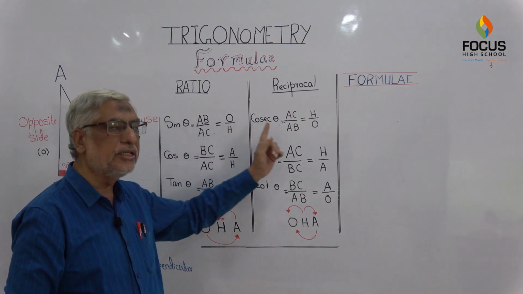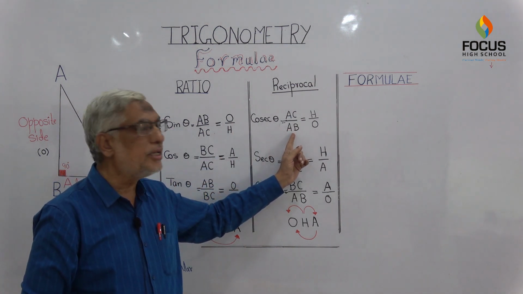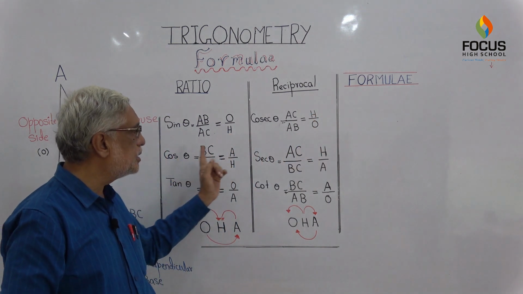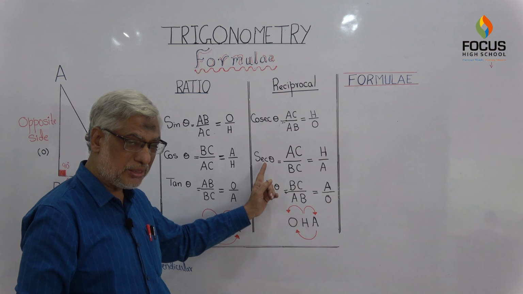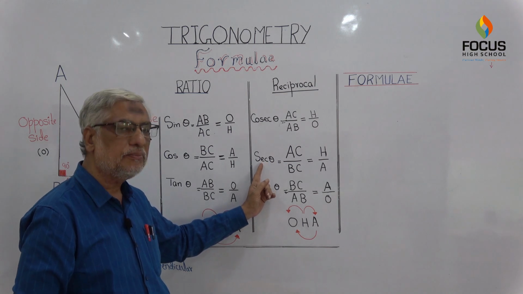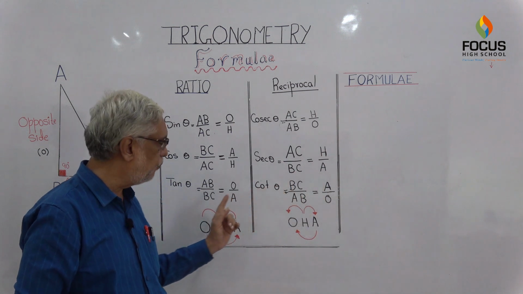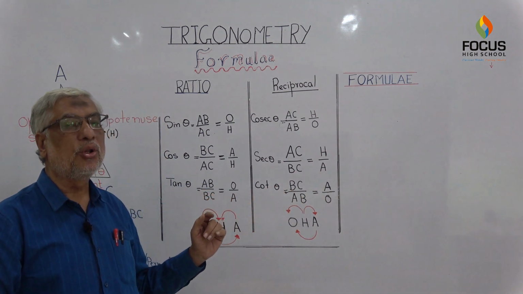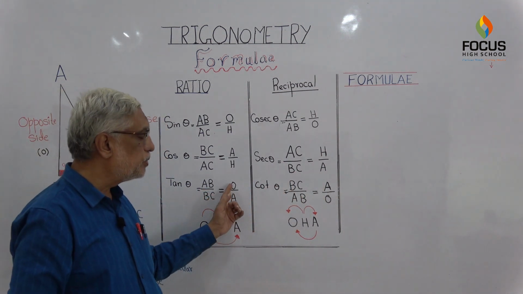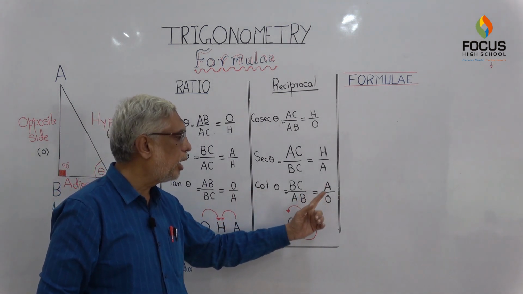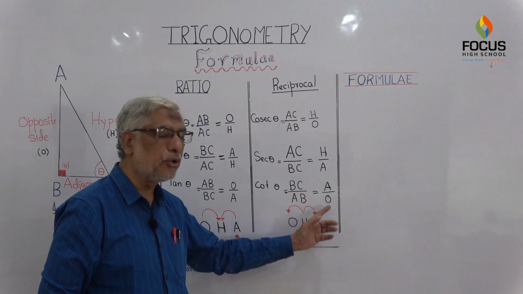For sine theta, it is cosec theta. Cosec is hypotenuse upon opposite, and cos's reciprocal is sec, which is hypotenuse upon adjacent, and finally the reciprocal of the tan, which is opposite upon adjacent, is cot, which is adjacent upon opposite.